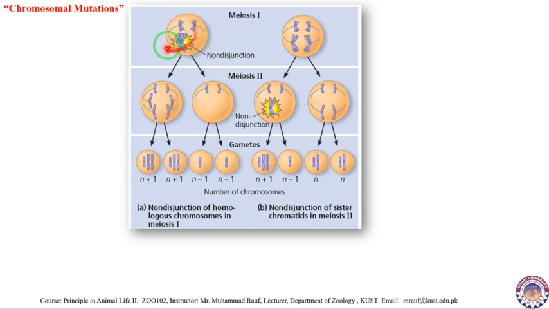So this is the starting cell and it has 3 chromosomes. Then those 3 chromosomes become duplicated and then they are separated in anaphase 1, and this cell completely lacks that.